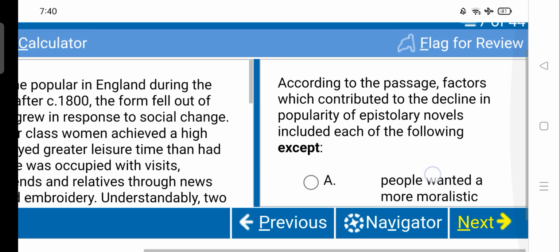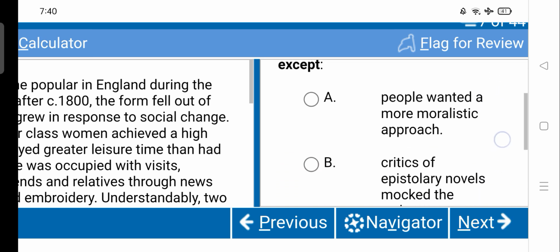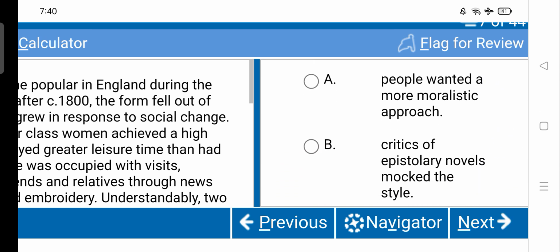According to the passage, factors which contributed to the decline in popularity of epistolary novels included each of the following except: Option A, people wanted a more moralistic approach.